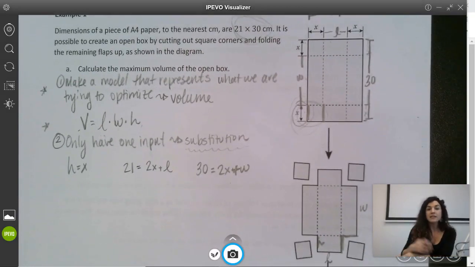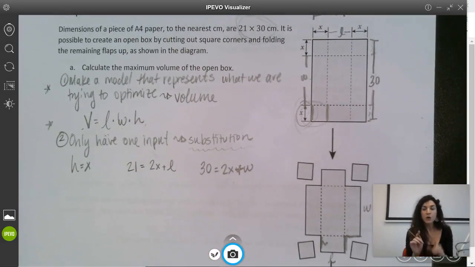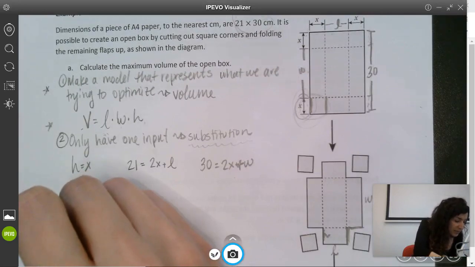Bringing all of these connections together, with this idea that I need to create a relationship between the variables that I don't want and the variables that I do want, so that I can start using substitution and eliminate variables that I don't want, can now lead us towards a way to create a model. So I can start putting it together.